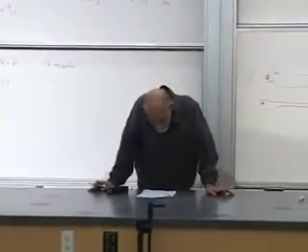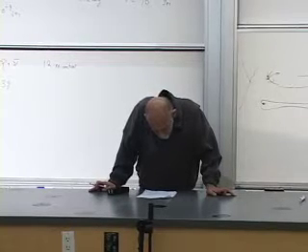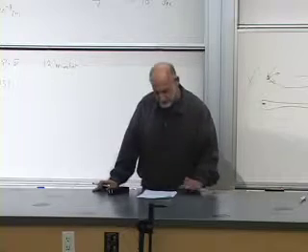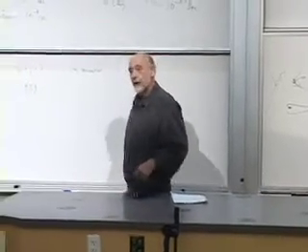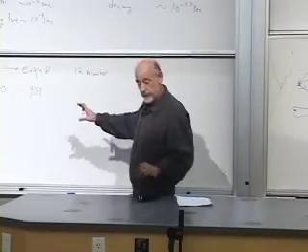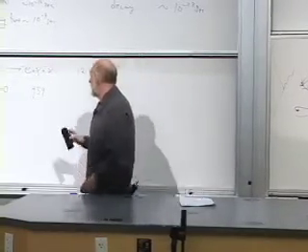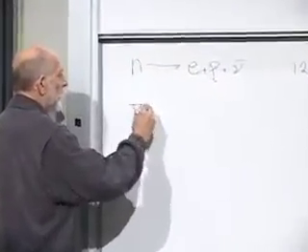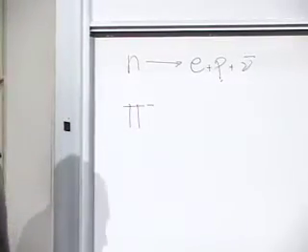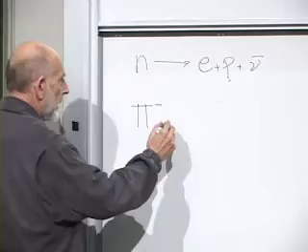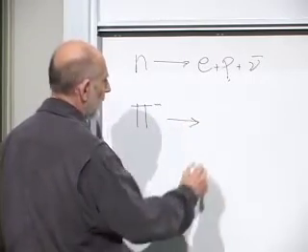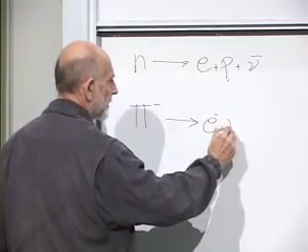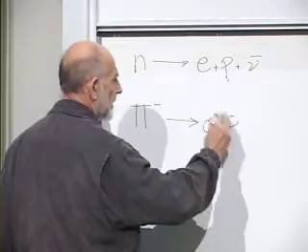Another example of this is called a weak decay. For obvious reasons, it's called a weak decay. Another example is a charged pion. Let's say a pi minus. A charged pion decays to an electron, which has negative charge, and an antineutrino.